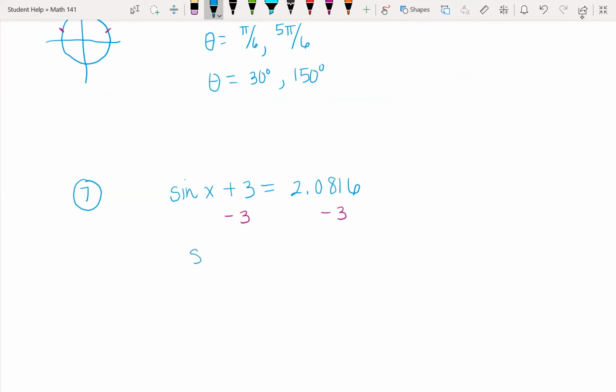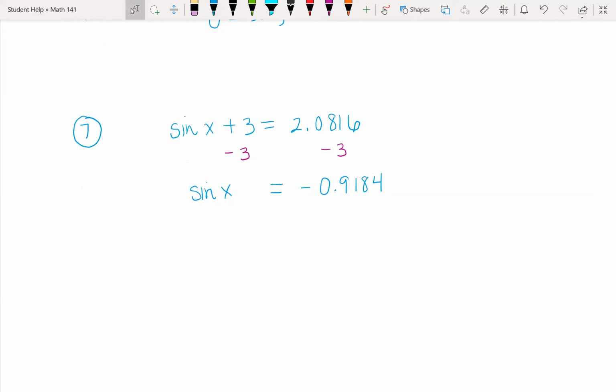And then I have that sine of x is equal to -0.9184. Just double check that. 2.0816 minus 3. Yeah. So this value is not on the unit circle.